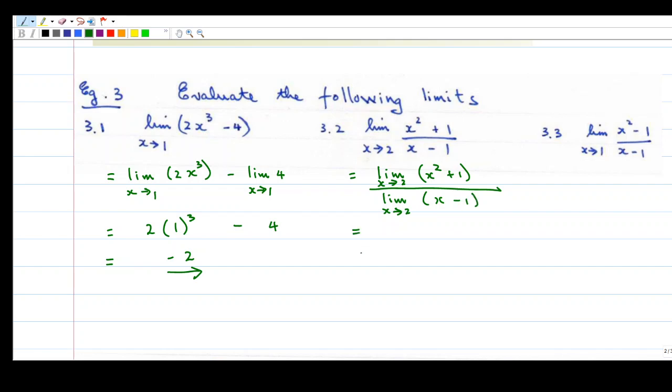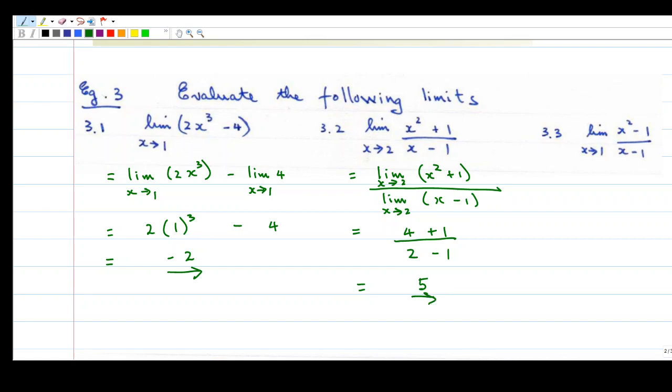So this gives us now, for the numerator, 4 plus 1, taking the limits, all over 2 minus 1, and this gives us an answer of 5.